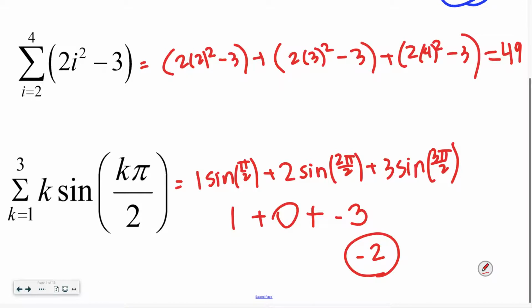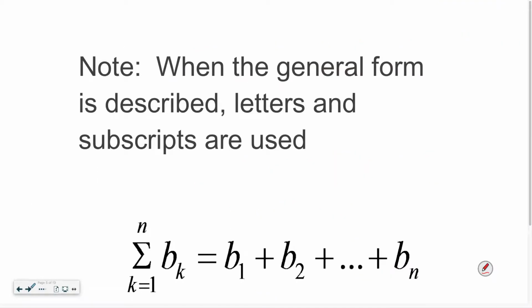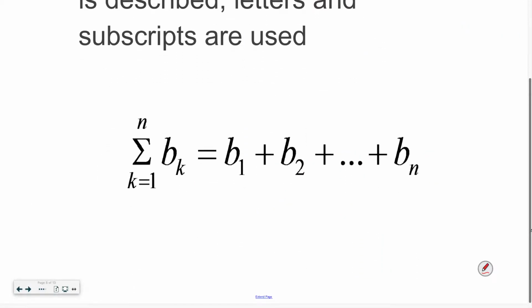I wouldn't necessarily write this down, but I just want you to understand what this means if you were to ever see something like this. Before I had f of k, instead of writing a function, you might see more of a sequence. This is how a sequence is notated, b sub k.